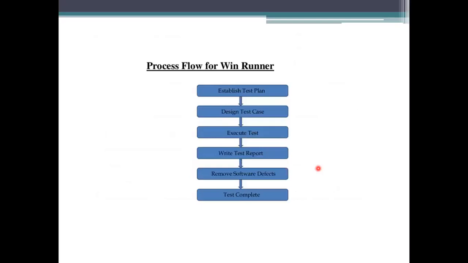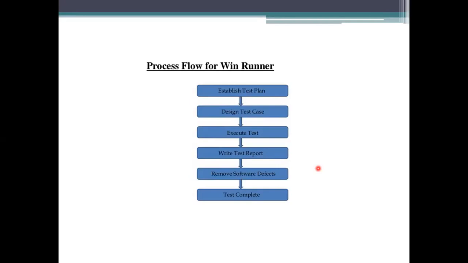Coming to the process flow of WinRunner, first and ever we need to take a test plan. Whenever we are taking an automatic testing tool or the basic testing tool, meaning a manual one, the work to be performed by the tester should be known by that person. So they have to establish a test plan at the first and design the test case for each and everything mentioned in the test plan.